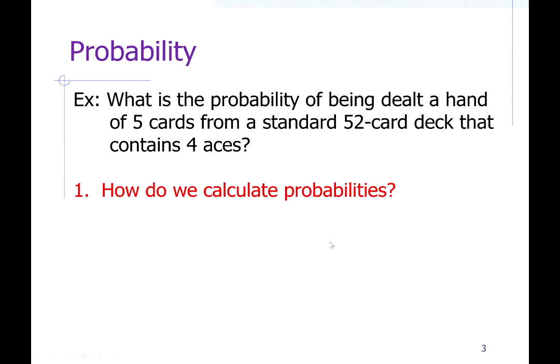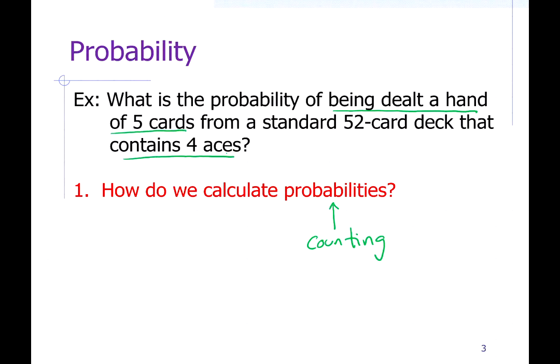So how do we calculate probabilities? Remember, the essence of calculating probabilities is counting. Always counting. We have to count 2 things. How many ways can your event happen? So our event is being dealt a hand of 5 cards that contains 4 aces.